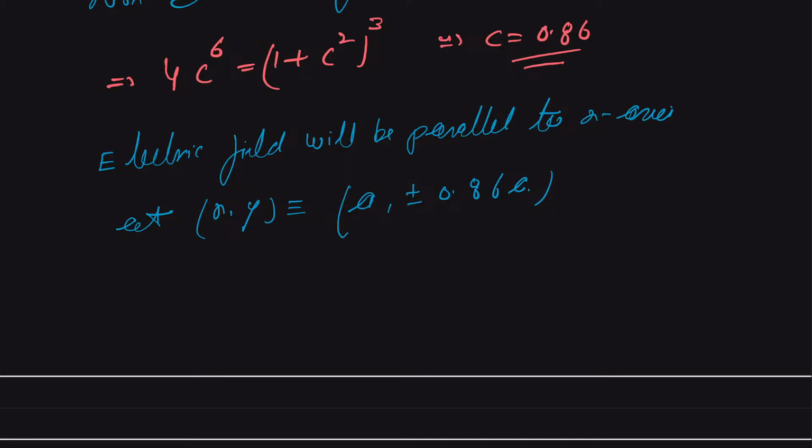So we found out that at this particular coordinate the electric field will have an entirely parallel component. Its vertical component is going to vanish. Okay. So this was one of the questions. Okay. And we come to our next question.